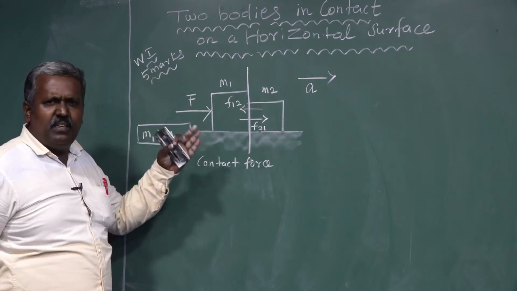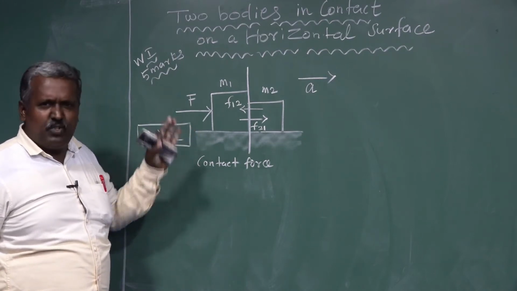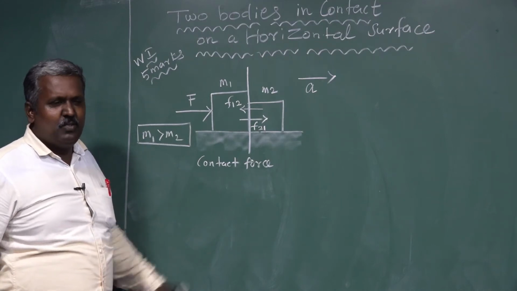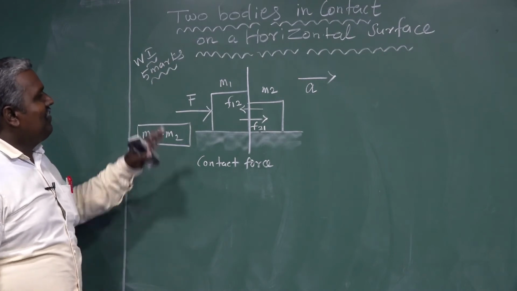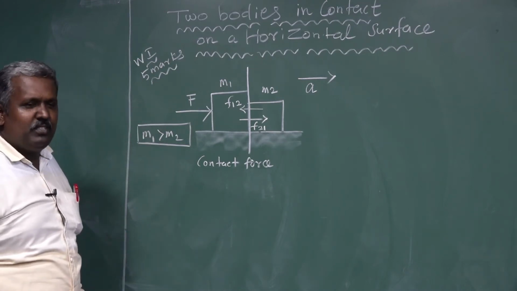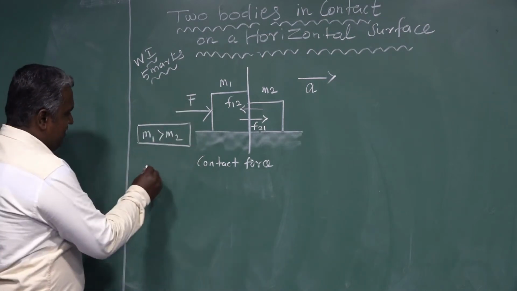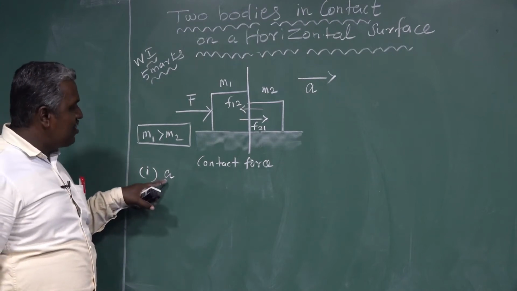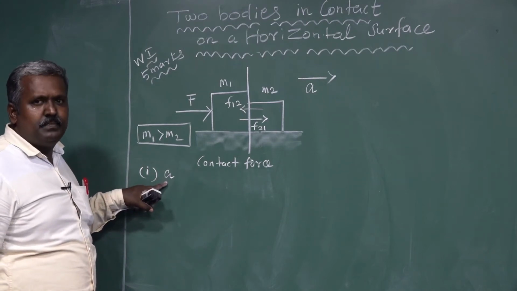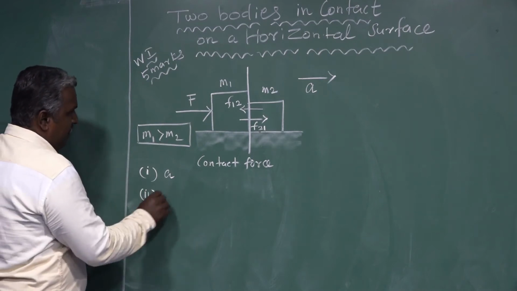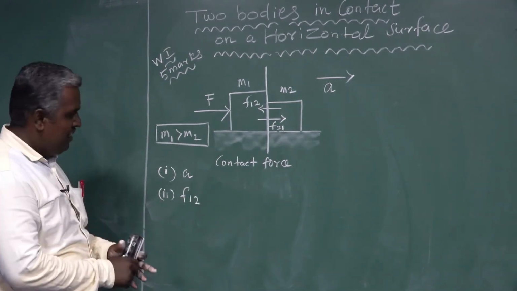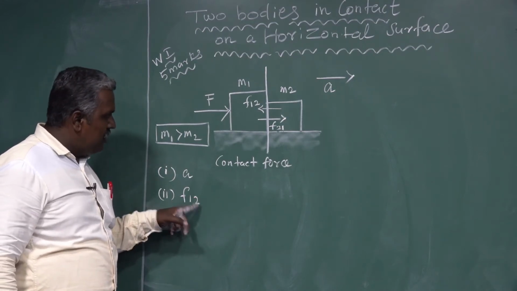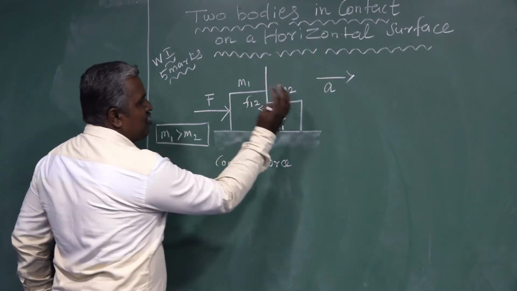In this system, a very, very interesting, beautiful question. There is no chance to memorize; all are derivations. Listen. Here, we want to calculate three values. First, small a, that means the acceleration of the system. Then F12, the force exerted by 2 on 1, by mass 2 on 1.